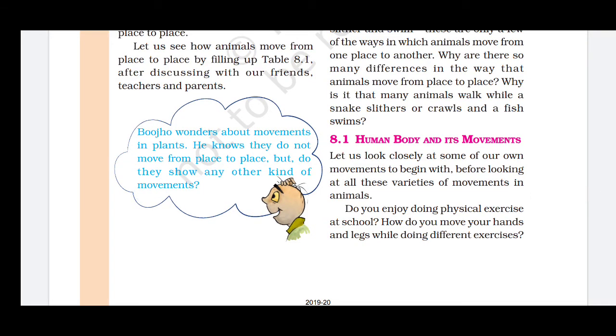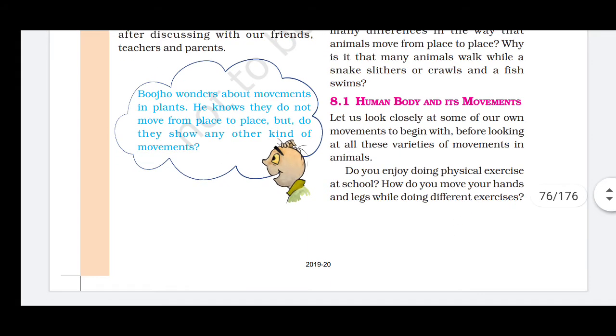Firstly, we will see the parts of the human body and what the movements of those parts are. Let us look closely at some of our own movements to begin with. Before looking at all the varieties of movements in animals, do you enjoy doing physical exercise at school?